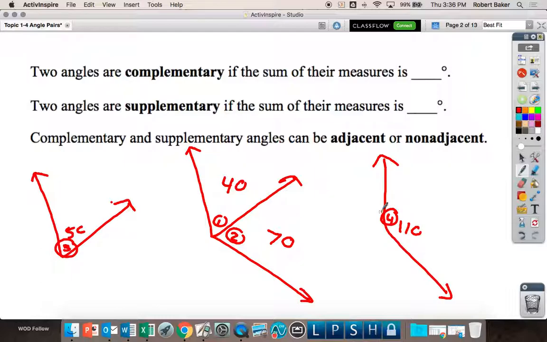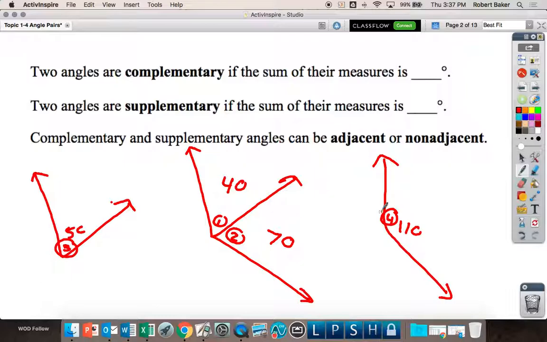Okay, so let's take a step back here a second. What does complementary mean? It means 90. I'm looking for two angles that make 90 degrees. We'll say 1 and 3. Angle 1 and angle 3 make 90, right? 40 plus 50 makes 90. Those are complementary. Does that make sense? Are they adjacent? They don't touch each other. But they are still complementary.